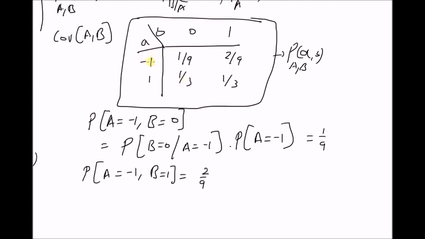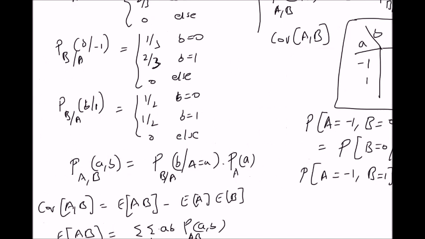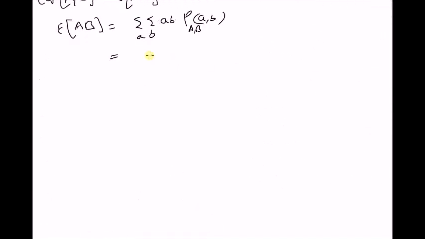From the table, for A equal to -1, B equal to 0, the product is 0, and for A equal to 1 and B equal to 0, the product is 0. So the only values left are A equal to -1, B equal to 1, and A equal to 1, B equal to 1. The products are -1 and +1, and the probabilities are 2/9 and 1/3. So this is -1 times 2/9 plus 1 times 1/3. So the total is 1/9.